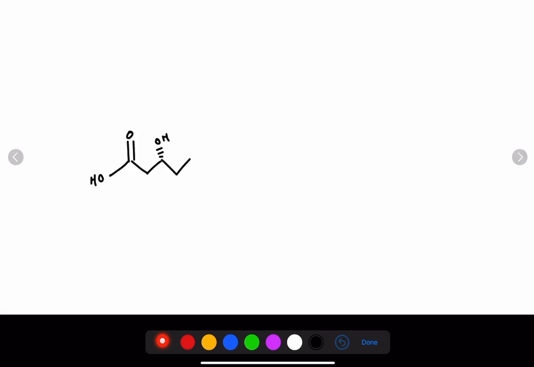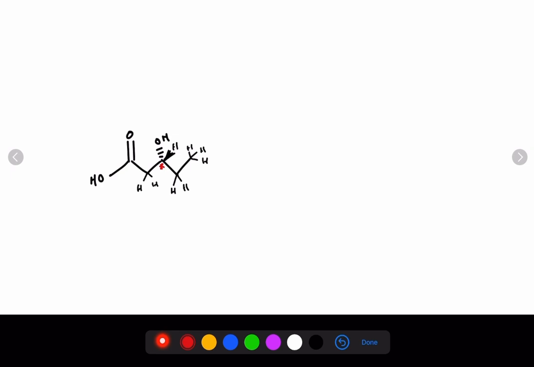Let's look at an example. I'm going to add in my implicit hydrogens. So the only chiral atom in this molecule is going to be that carbon right there because it has 4 different groups.